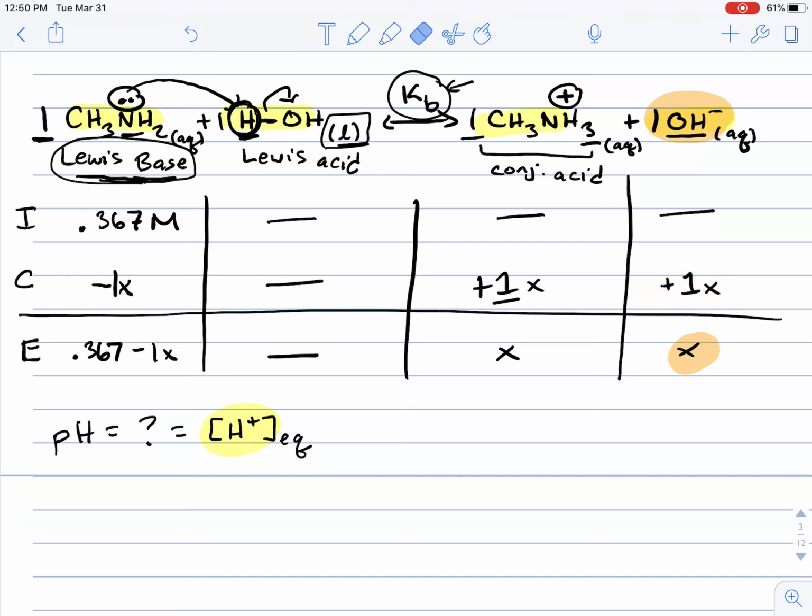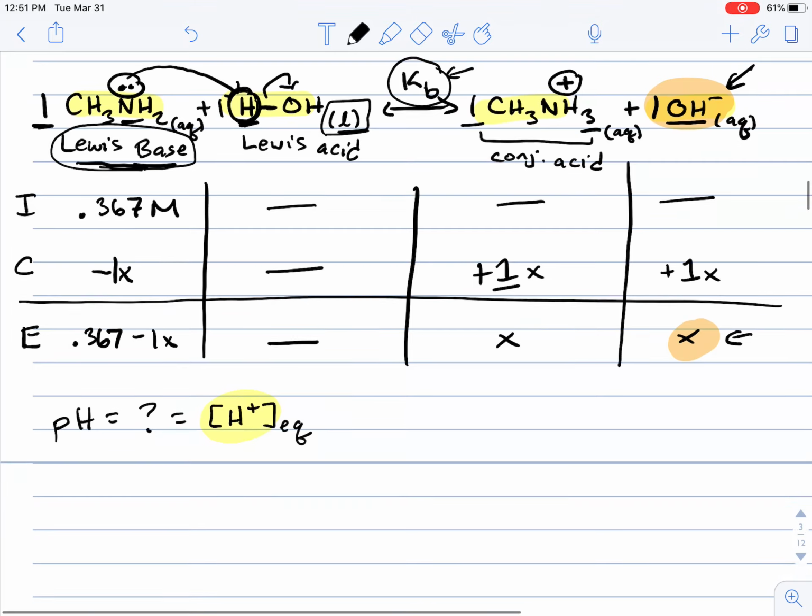We're going to specifically use this equilibrium expression, this X, to represent the equilibrium concentration of the hydroxide ions. And then from there, we're going to figure out the equilibrium concentration of hydrogen ions using one of these formulas that we discussed a couple weeks ago.